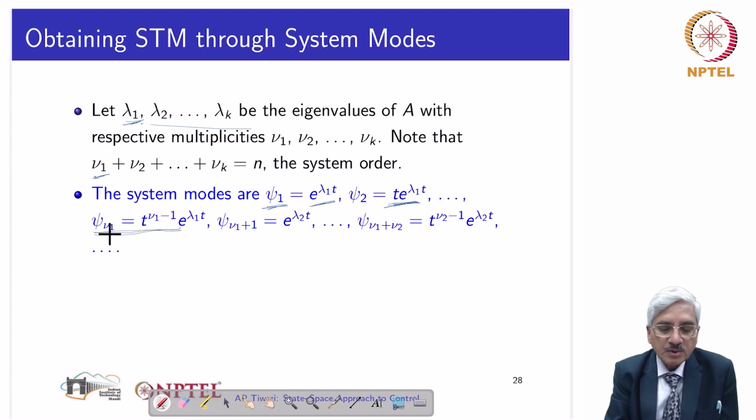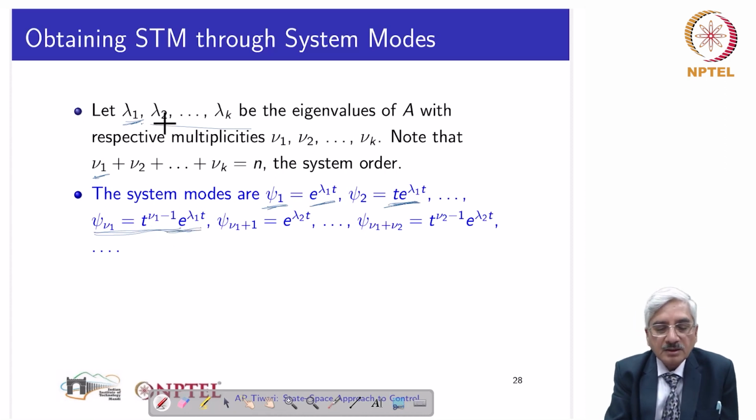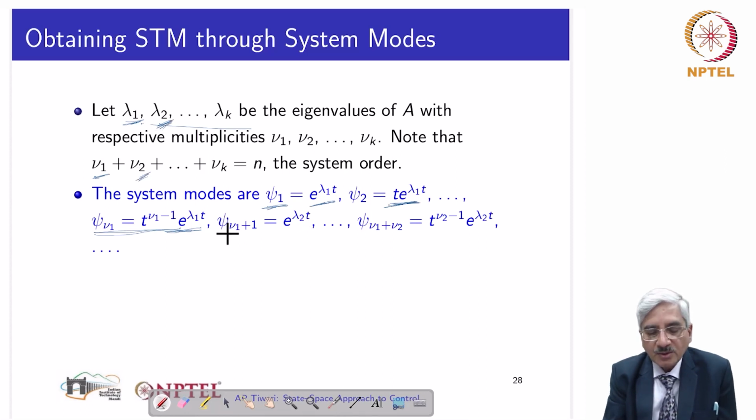The nu 1th mode is t power nu 1 minus 1 e power lambda 1 t. Then lambda 2 is repeated nu 2 times, so it gives the modes e power lambda 2 t, t e power lambda 2 t, etc. And in this manner, we have the knowledge of the modes.